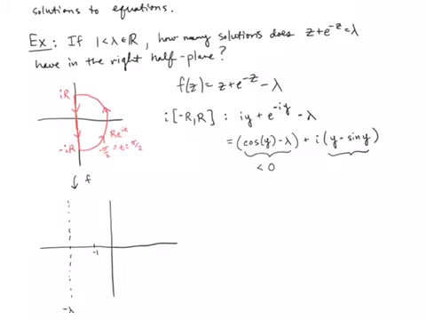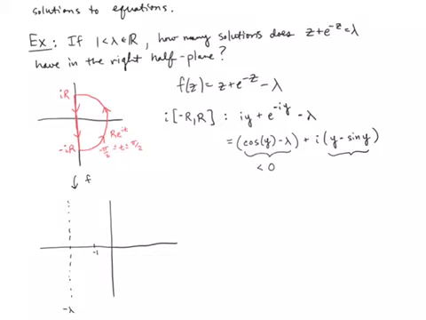So as y goes from r to negative r down that segment, this is going to go from just roughly i times r to negative i times r, with just some minor perturbations coming from sine of y. So sine of y sometimes is going to be moving with the y and sometimes against it.